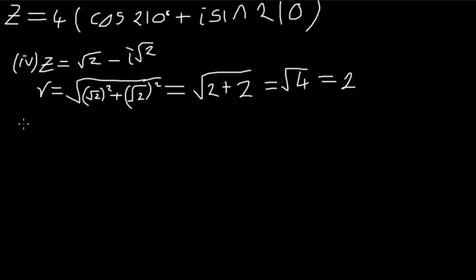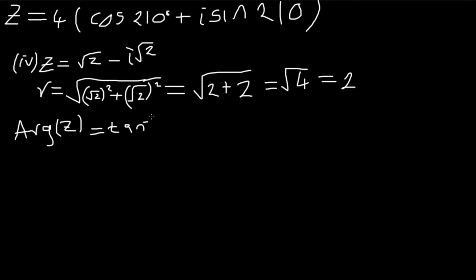And then you go on now to find the argument. So the argument of z is going to be, the same way we write it, tan inverse of y over x.